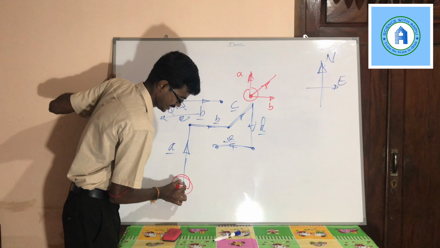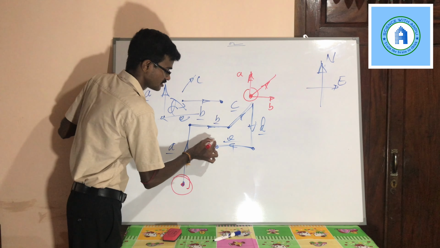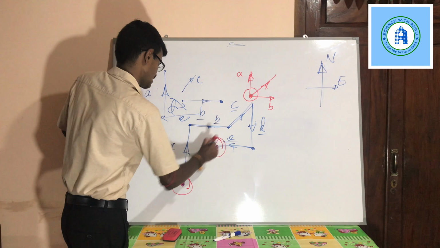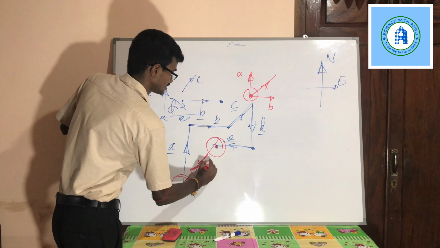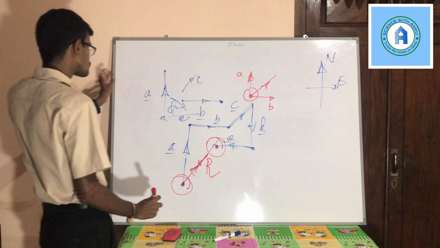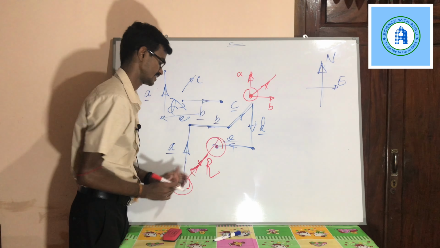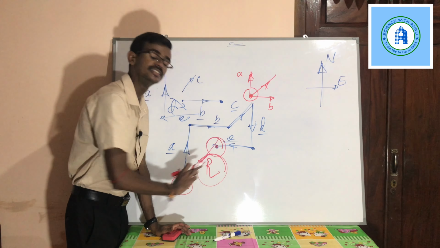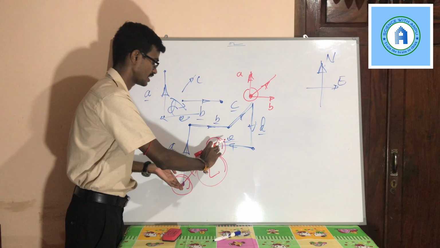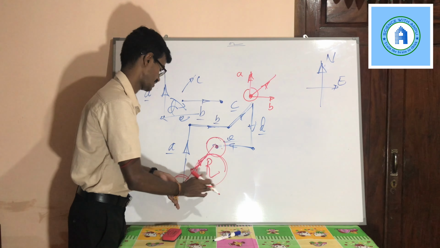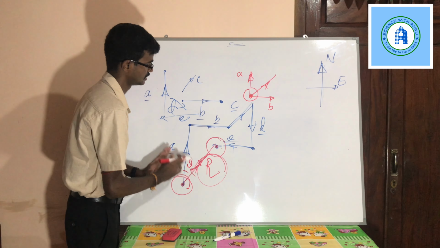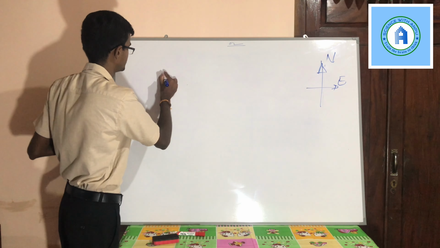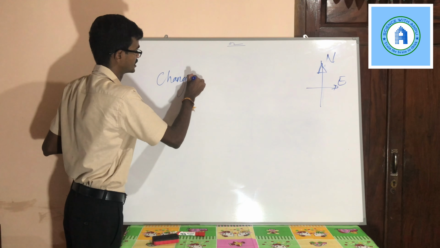Where we started the first vector to the finishing point of the last vector, this will give the resultant of all these vectors. The length of this line will represent the magnitude, and the direction, this angle theta from north.